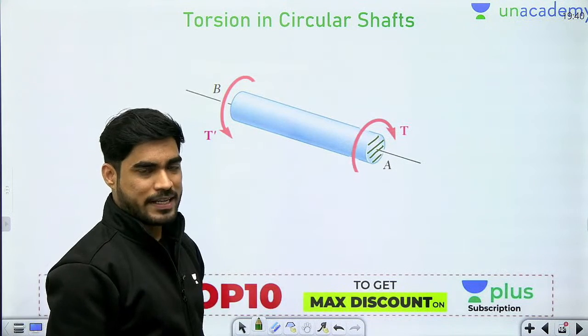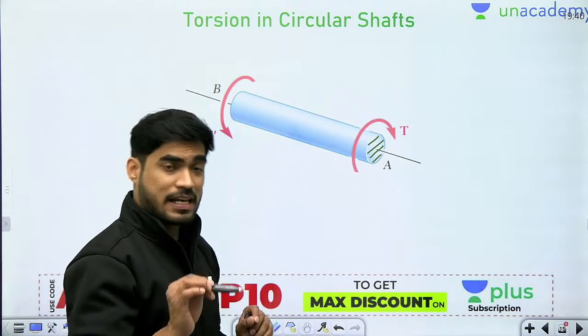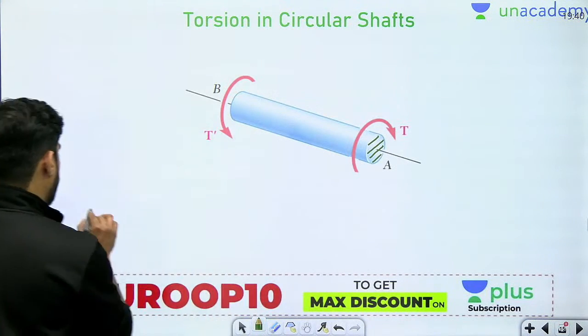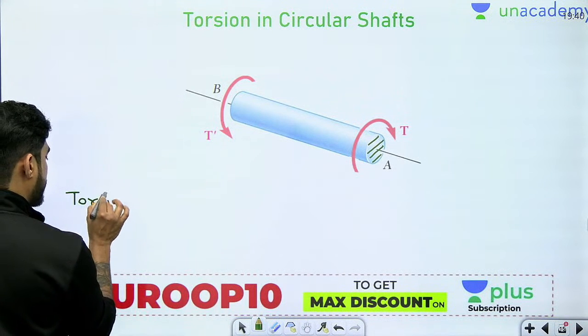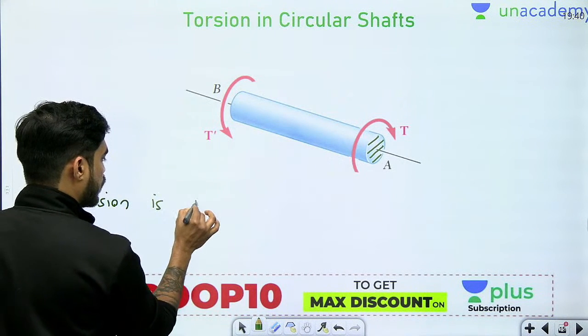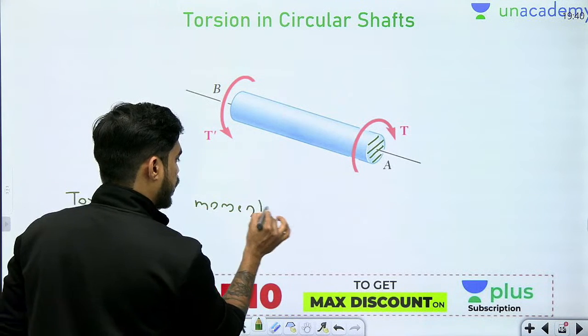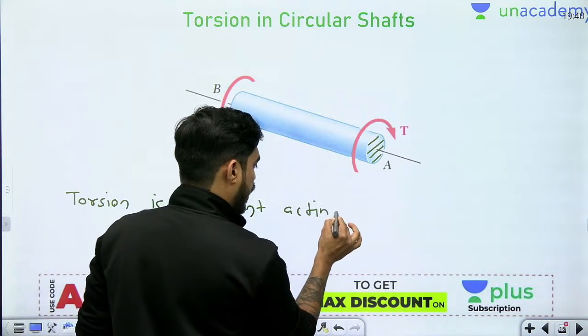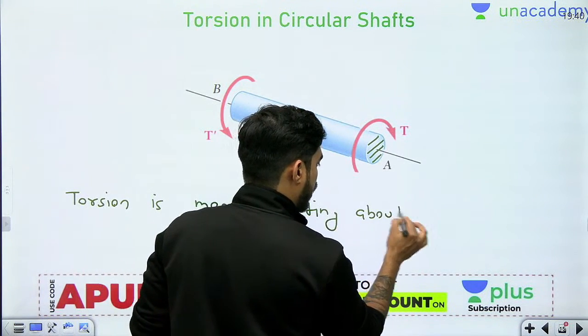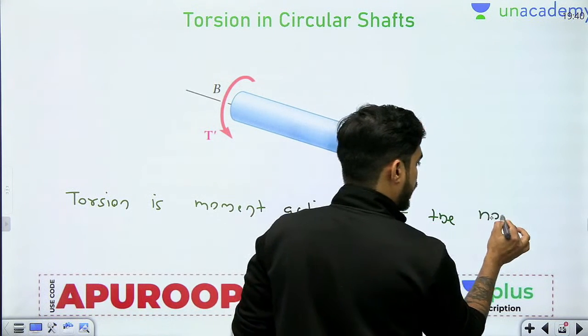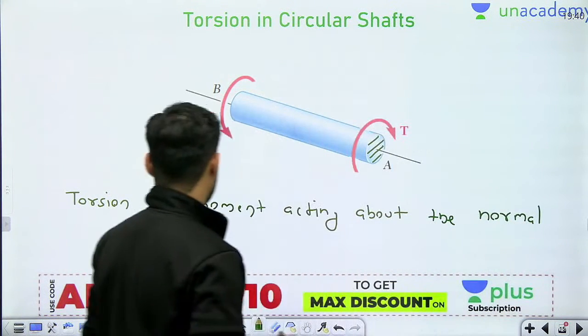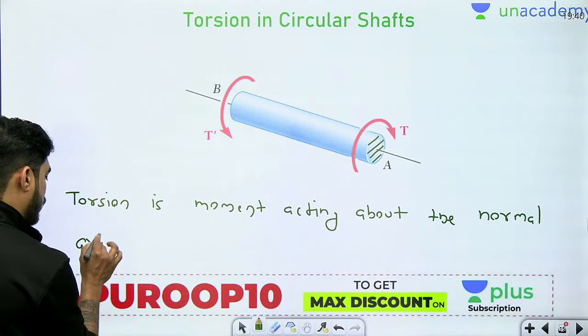So torsion is moment acting about the normal axis of the cross section. ठीक है, मैं यहां पे नोट कर देता हूं, torsion is moment acting about the normal axis of the cross section.